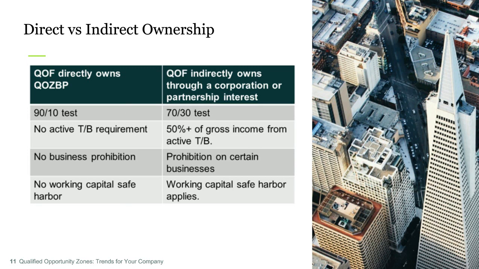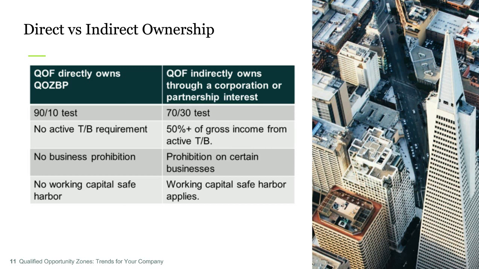Alternatively, you can work through a holding company structure where the qualified opportunity fund is an investor in another legal entity, which is the asset owning entity. And so then your fund basically sits above the asset owning entity, and you've got different qualification tests here.